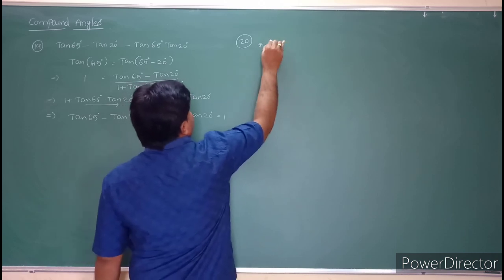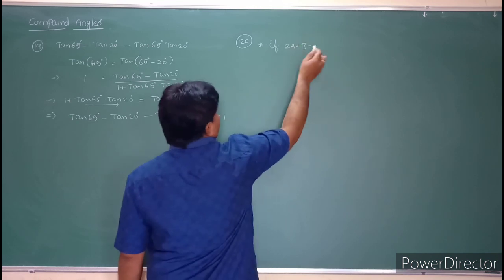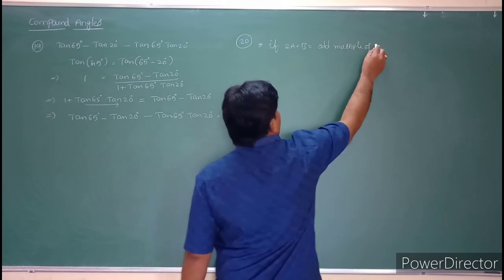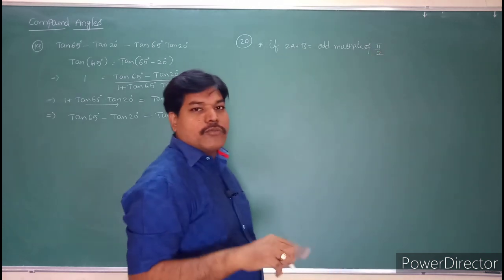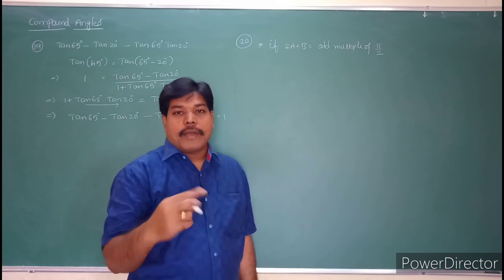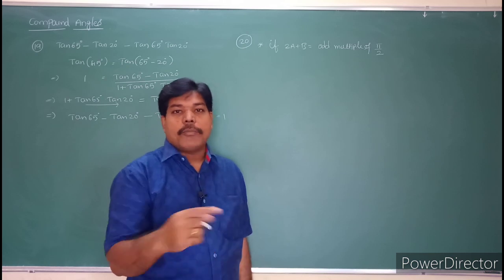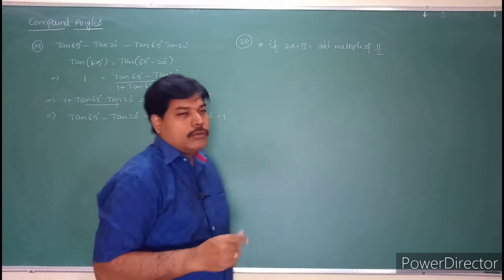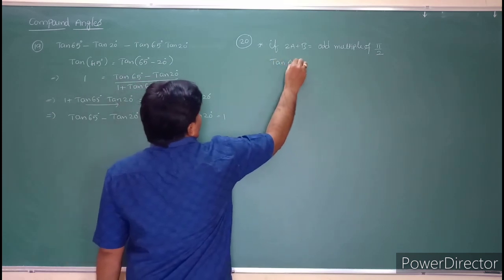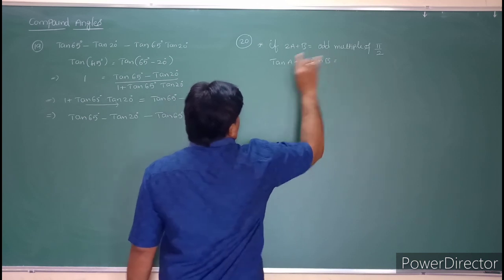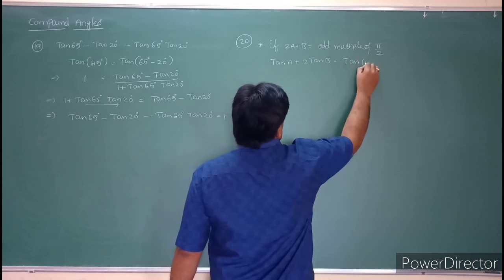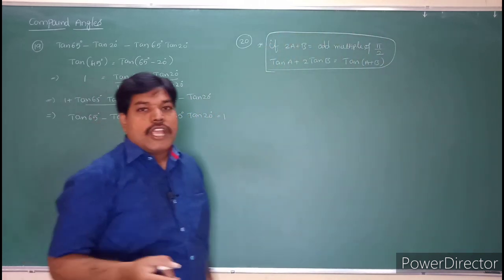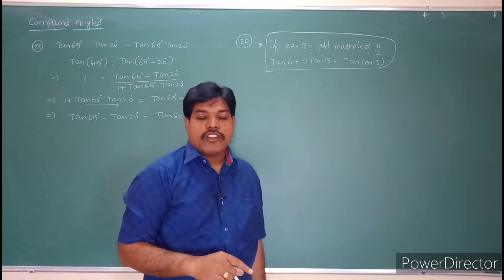If 2a plus b is equal to an odd multiple of pi by 2, that is, pi by 2, 3 pi by 2, 5 pi by 2, 7 pi by 2, 9 pi by 2, 11 pi by 2, it's called odd multiples of pi by 2, then tan a plus 2 tan b will become tan of a plus b. So take this formula, students.